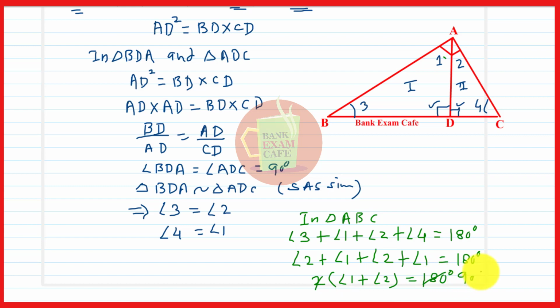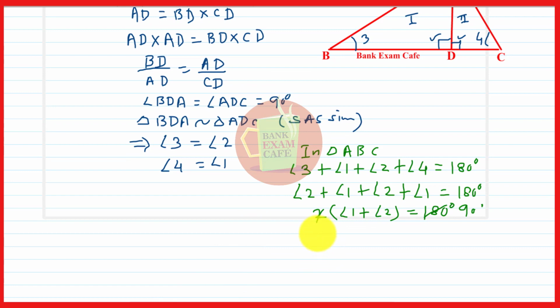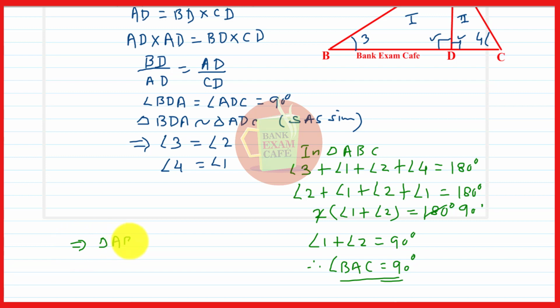So 2 ones are 2, 2 90s are 180, and so angle 1 plus angle 2 is equal to 90 degree, and therefore angle BAC is equal to 90 degree, and therefore we will write that triangle ABC is a right angled triangle.